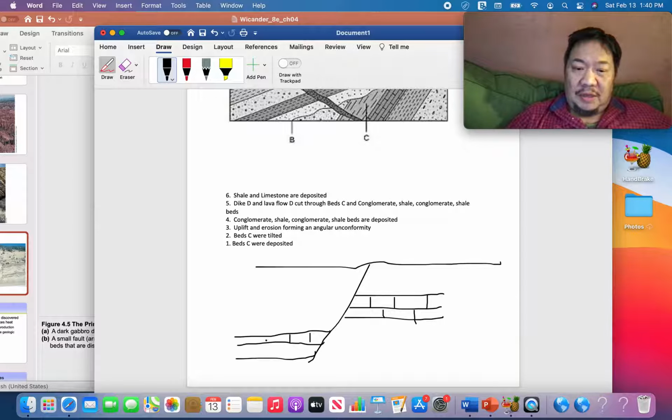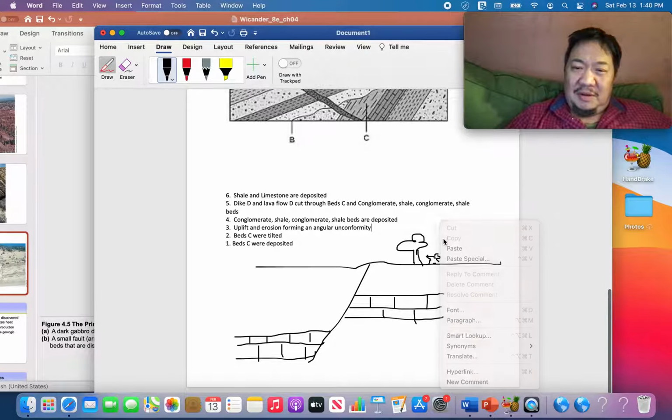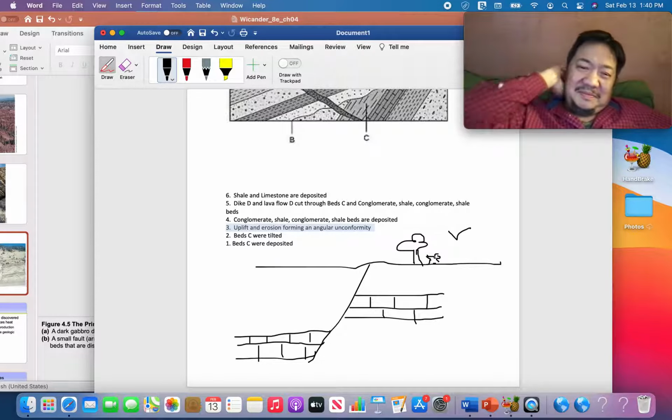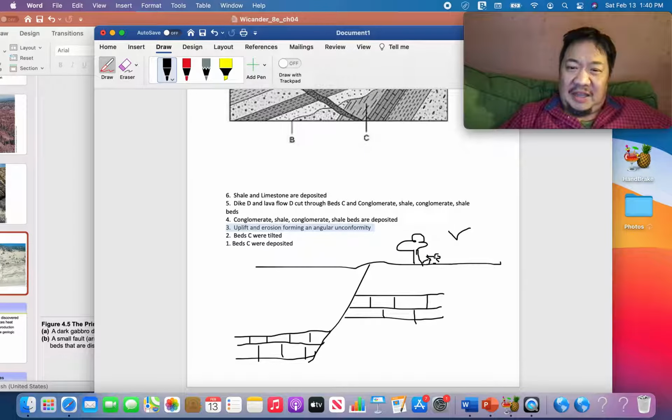It's hard to draw neatly with Microsoft Word, but I'll give it my best shot. Remember, this is going deeper underground, so I'll put a tree here. That's the surface of the earth. There's a tree, and there's a dog, and there's a bird. And the dog is taking a piss on the tree. Let's draw that. I'm sorry.